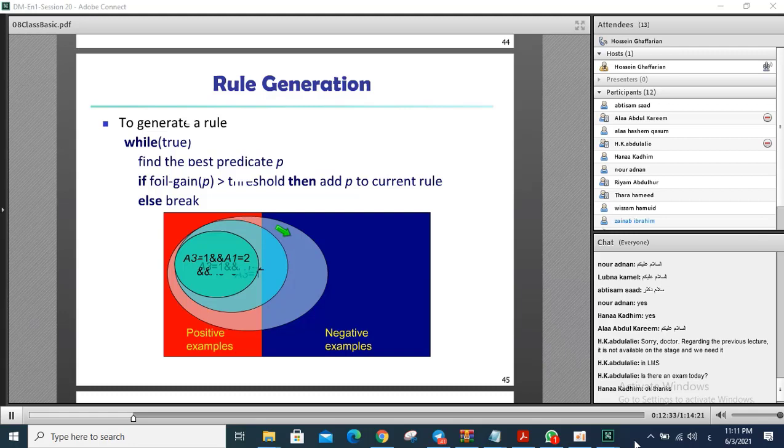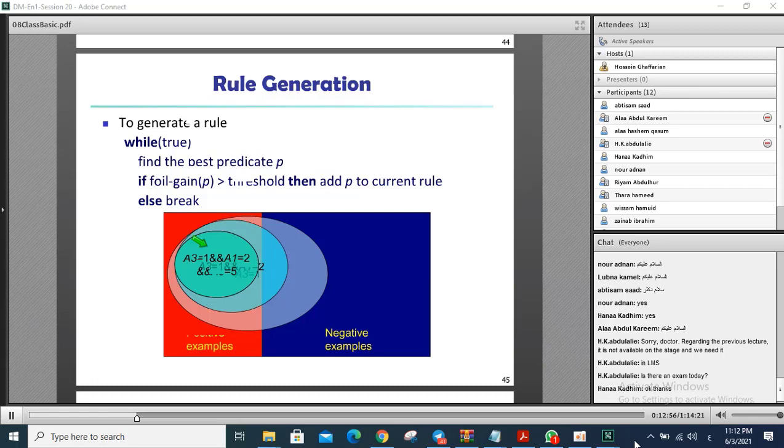So we will continue to create new rules to reach a predefined quality, a predefined accuracy in the rules.